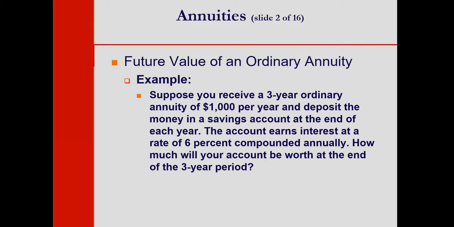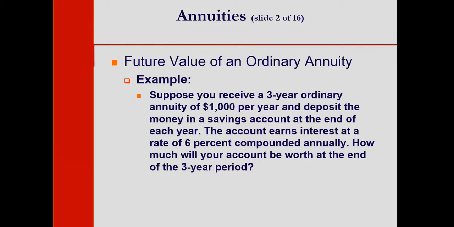So let's take note of the major inputs here. If you remember, we have 5 functions in our financial calculator, which start with N. The first input would be N, then our interest rate, then the present value, PMT, and future value. Since it's a 3-year time period, our N would be 3. The account earns interest at a rate of 6%, so our interest rate would be 6.